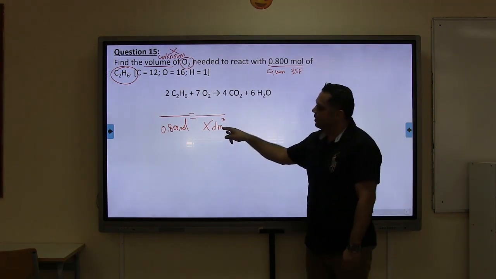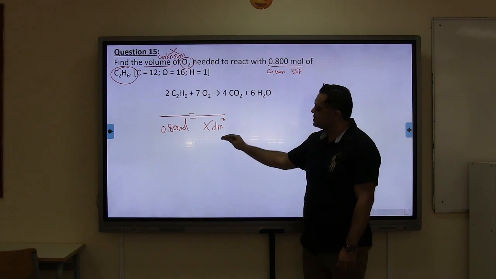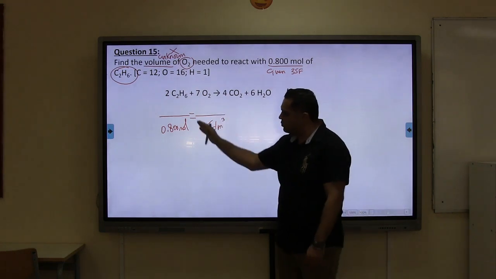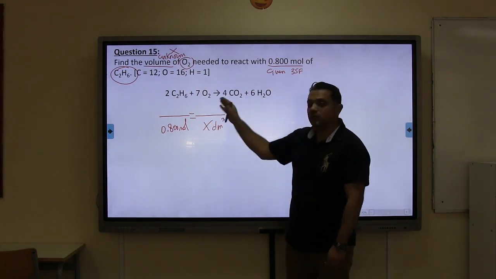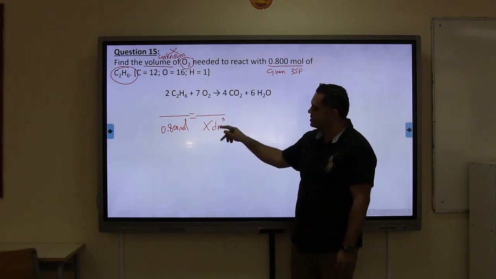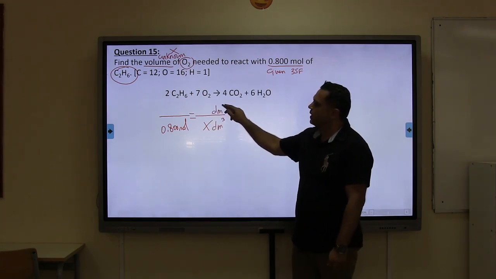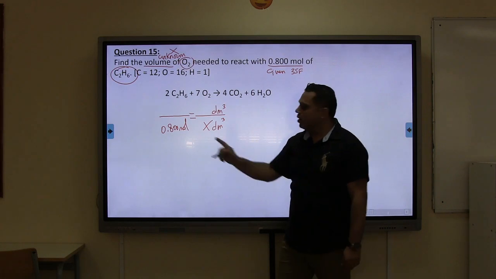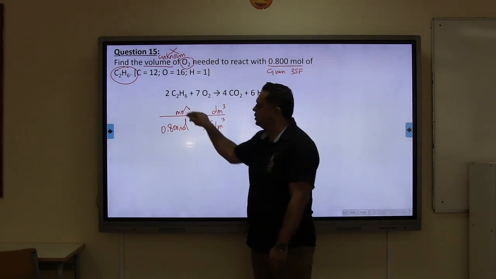And then I will write down the same units in the same ratio for oxygen. Decimeter cube, decimeter cube. Mole here, mole here.